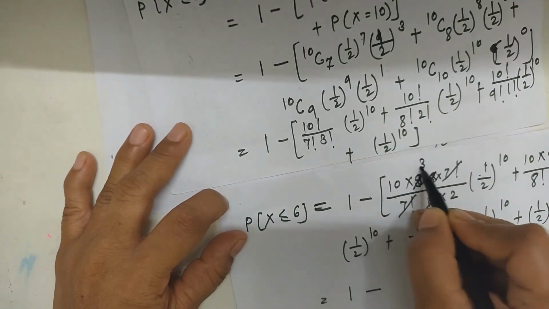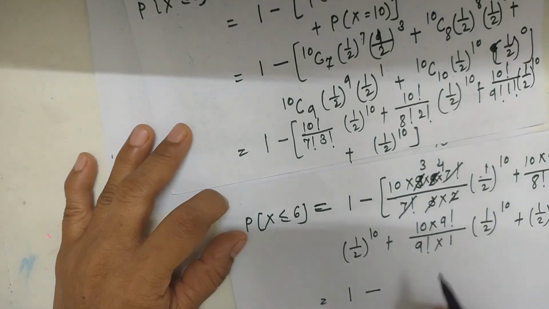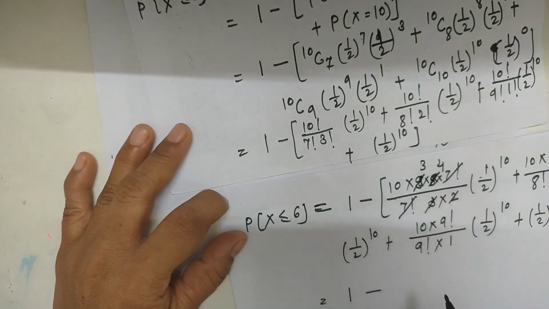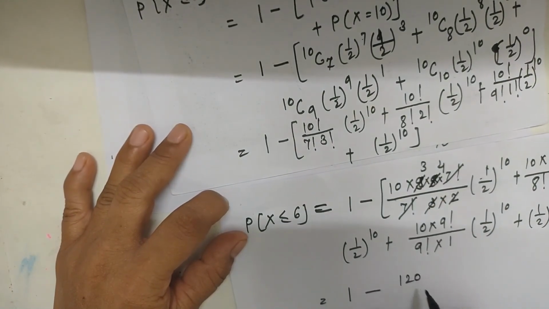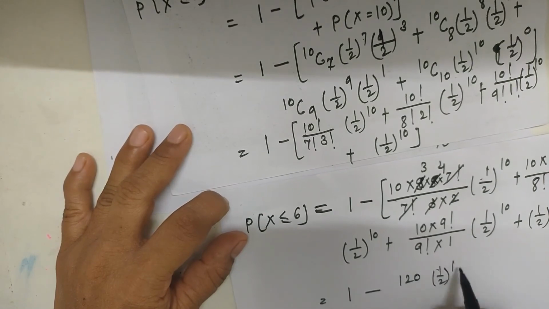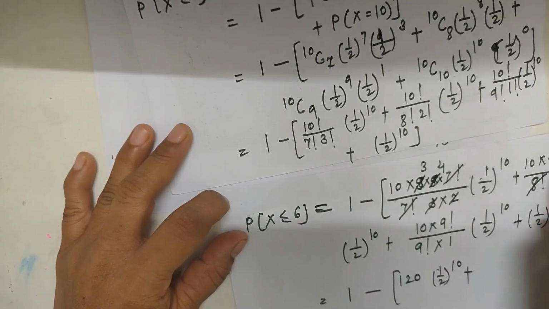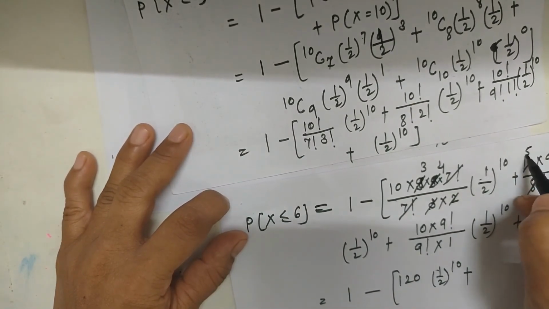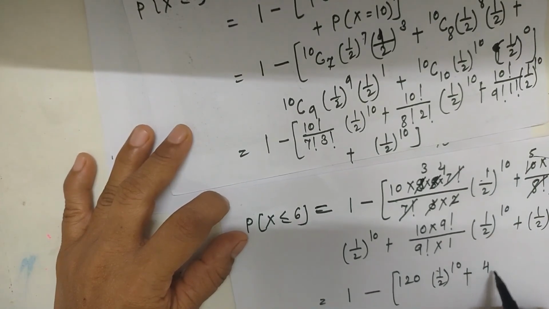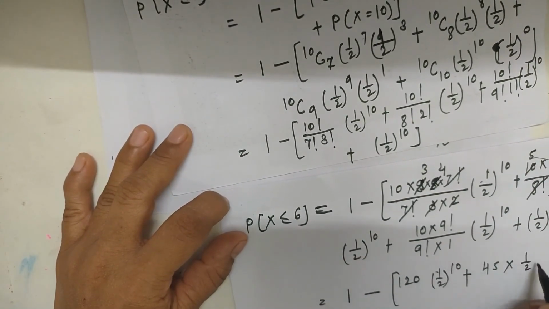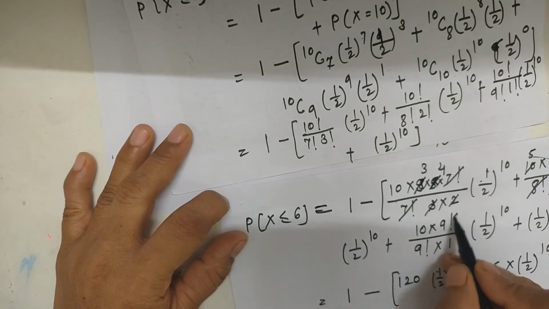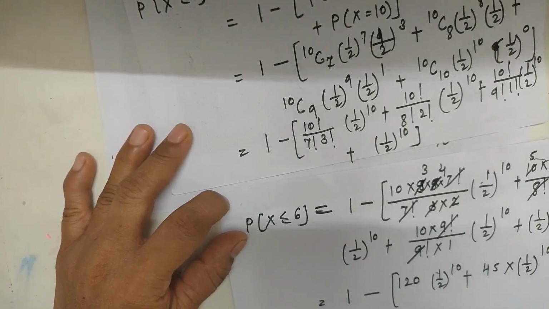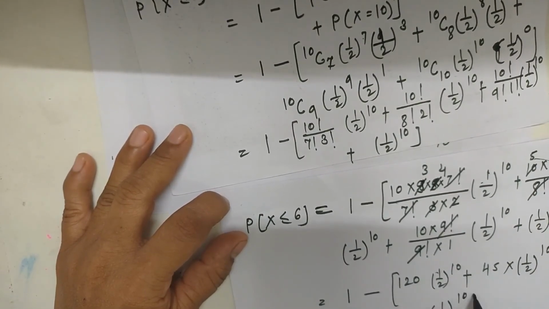So 3 3s are 9, 2 4s are 8, and the product of these numbers is 10 into 3, 30, into 4, 120. 120 into half raised to 10, plus 8 factorial will be cancelled, 2 5s are 10, 9 5s are 45, into half raised to 10, plus 9 factorial will be cancelled, 10 into half raised to 10, and plus the last term half raised to 10.